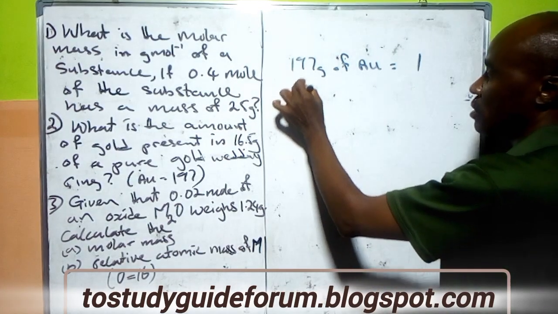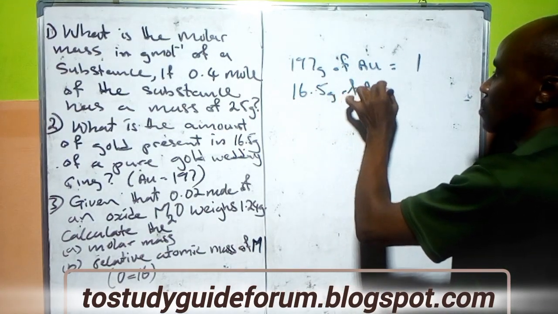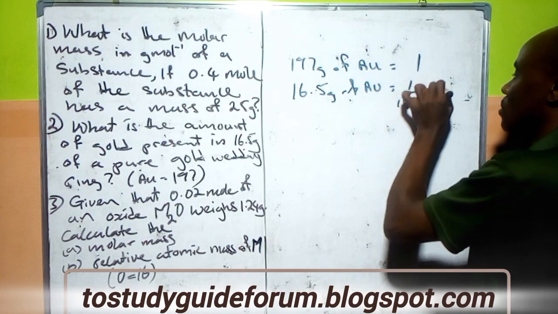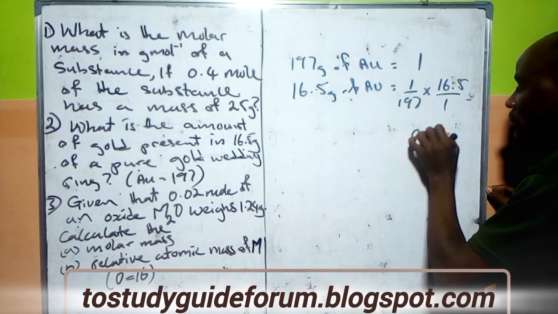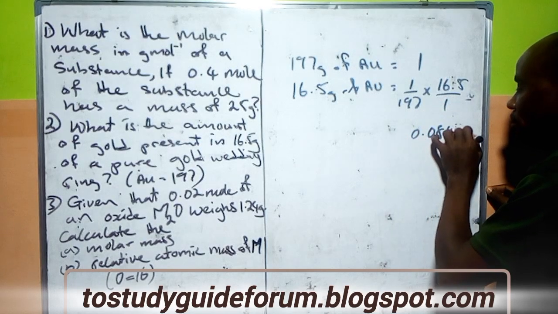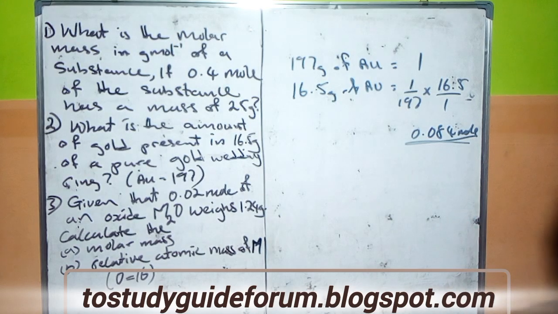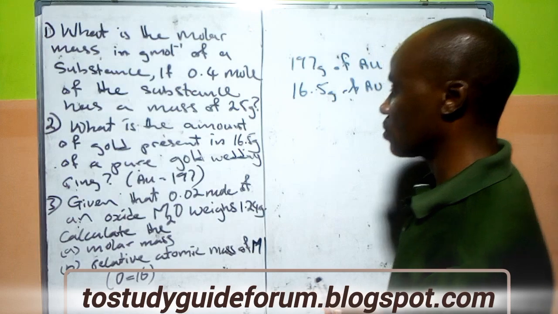So 16.5 grams of gold will be equal to 1 over 16.5. You also arrive at the same thing, approximately 4 mole. That's another method, by comparing. So now let's quickly go to the next one.